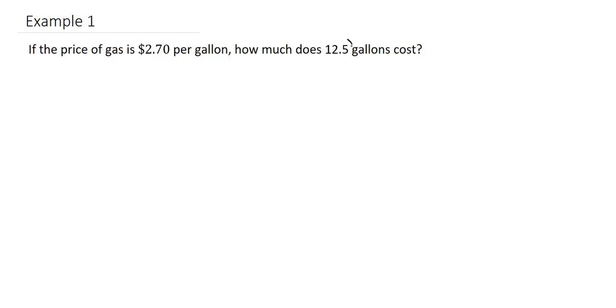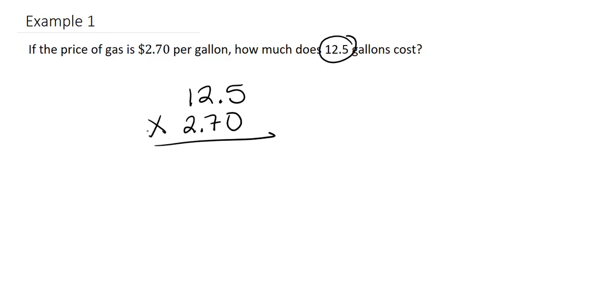So let's go ahead and place this 12.5 on top and then the $2.70 below. Now, we did not care about the decimals because we're not lining them up by decimal place value. We're just lining it up by the number of digits. So the first digit, we have 1 digit here, the second, and then the third. Doesn't matter about the decimals.